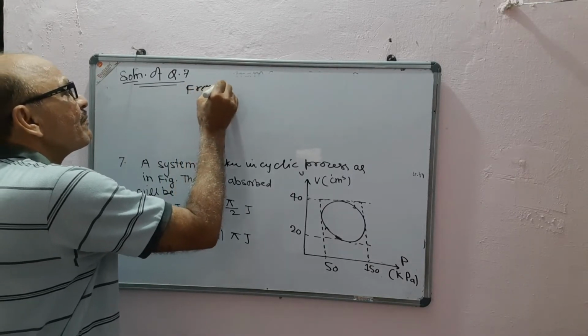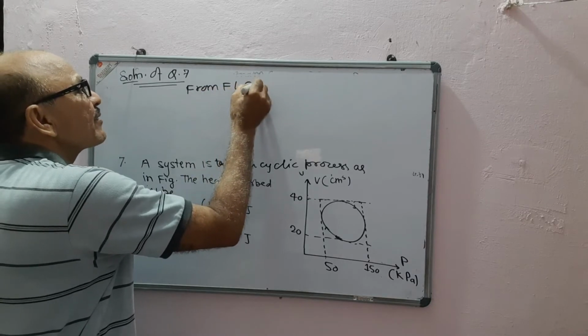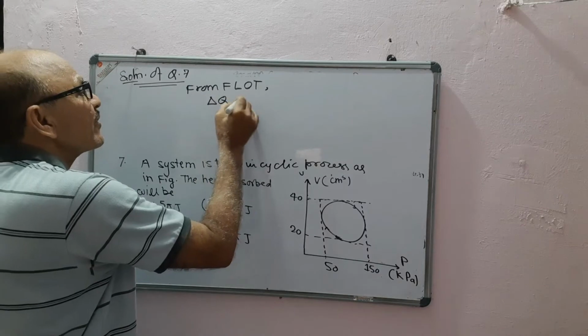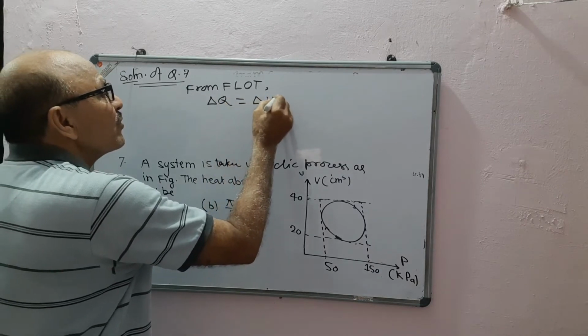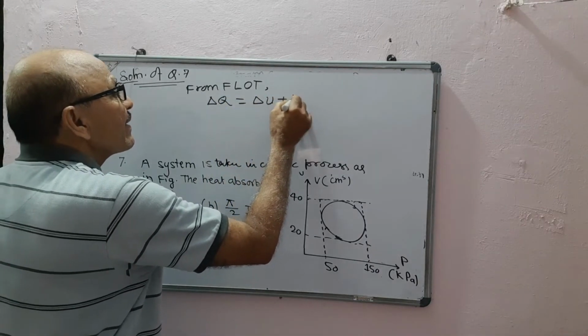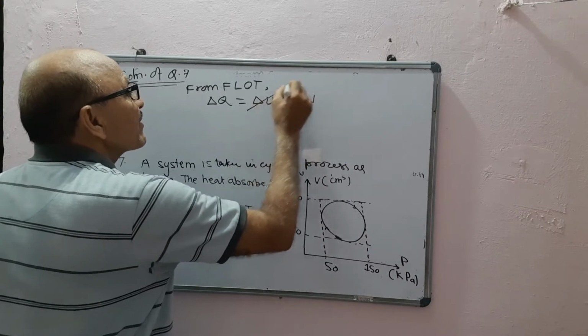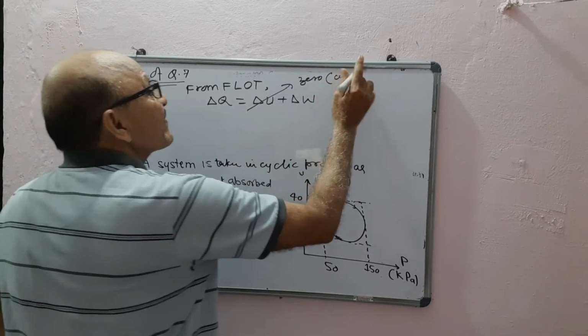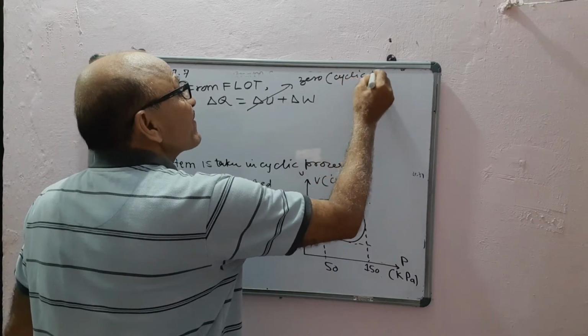From the first law of thermodynamics, delta Q will be equal to delta U plus delta W. This will be 0 because the process is a cyclic process.